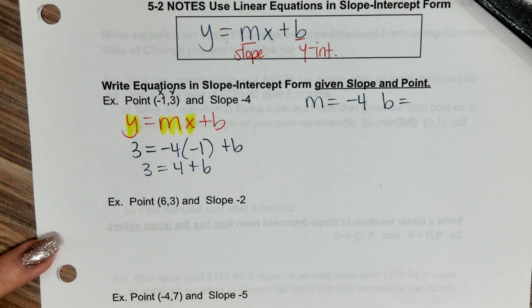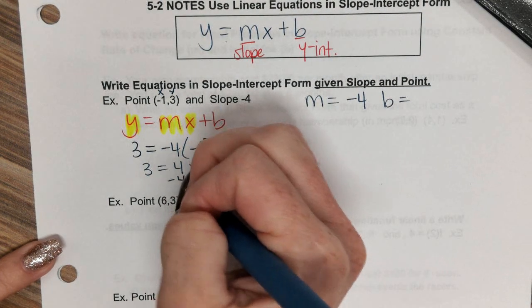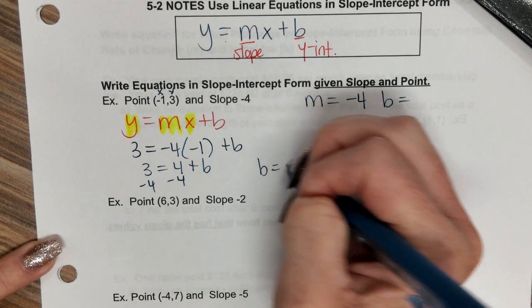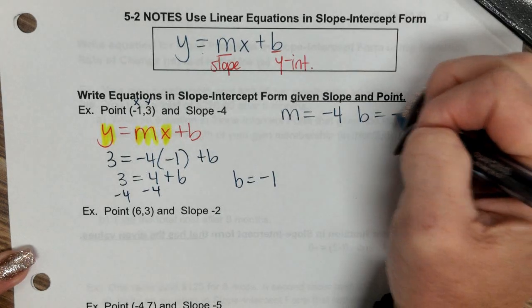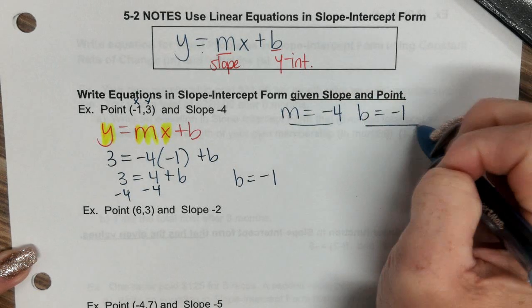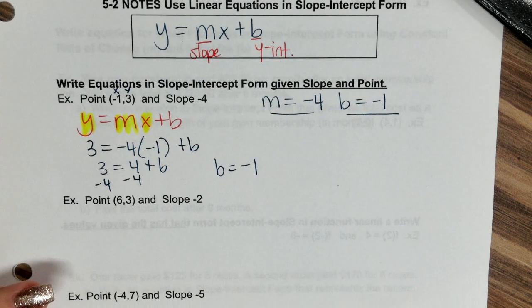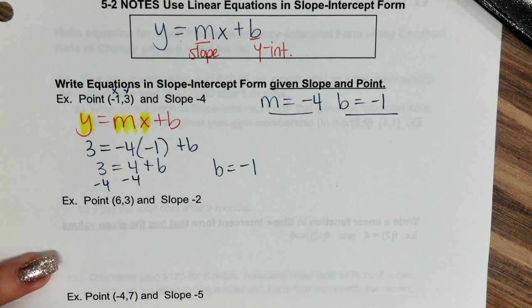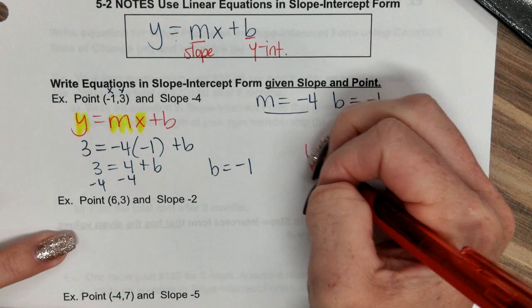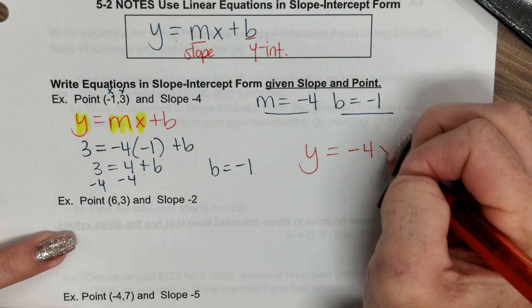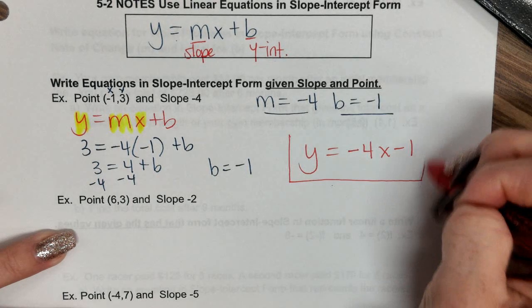And then how am I going to get the b by itself? -4. So b is equal to -1. So here are my two answers that I need to write a linear equation in slope-intercept form. So now I'm just going to write y equals -4x minus 1.